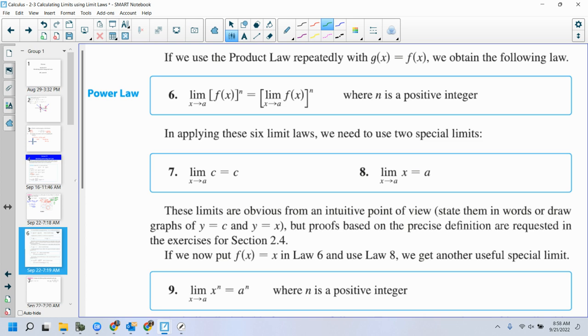I can take the limit of f of x to the nth power, or take the limit of f of x and raise that to the nth power. Now, we can compile all of these as well as two special limits. And this one, my friends, is going to be like the key to unlock solving a lot of limits.